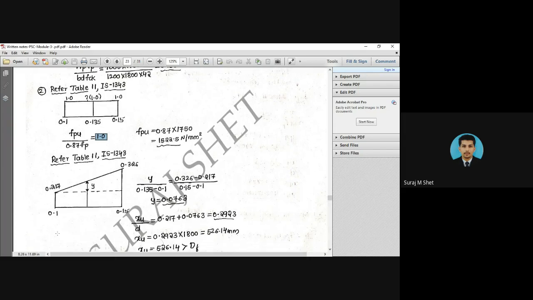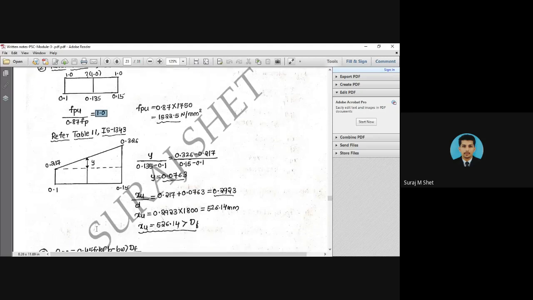After this, from table number 11, to calculate the unknown value of XU by D. So this is XU by D from the same table number 11. For 0.1 it will be 0.217, and for 0.15 the value is 0.326. If you want, I'll show again: see, 326. Remember 326 and 217 for the effective reinforcement ratios.